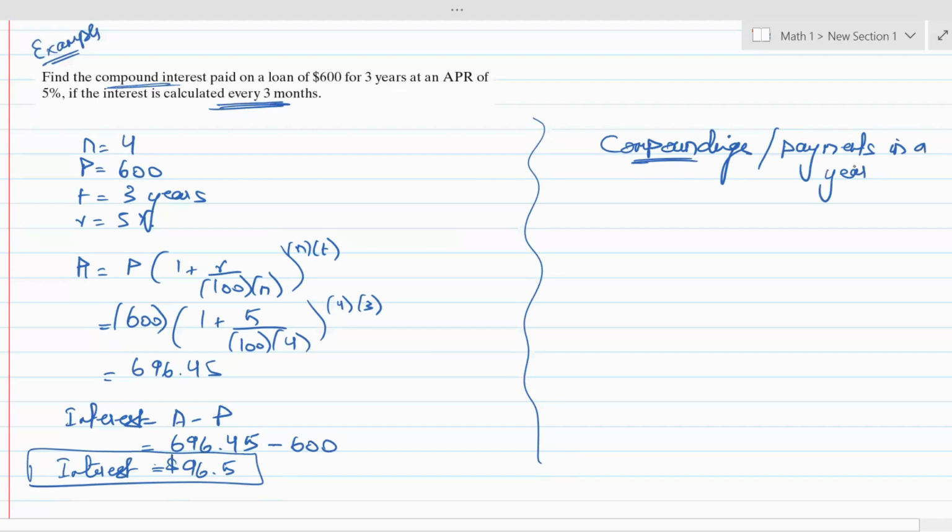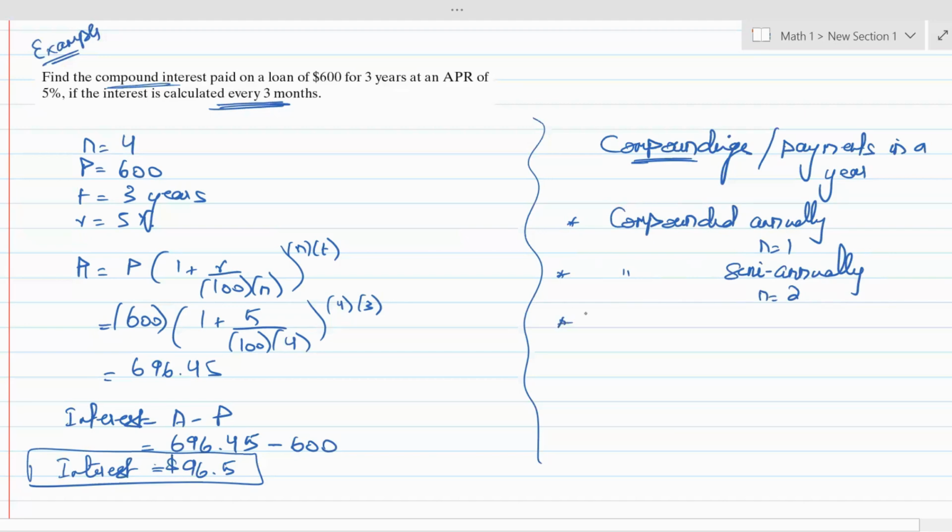If it says compounded annually, then in this case n is equal to 1. If it says compounded semi-annually, then there are two semi-annuals in a year, so n would be 2.